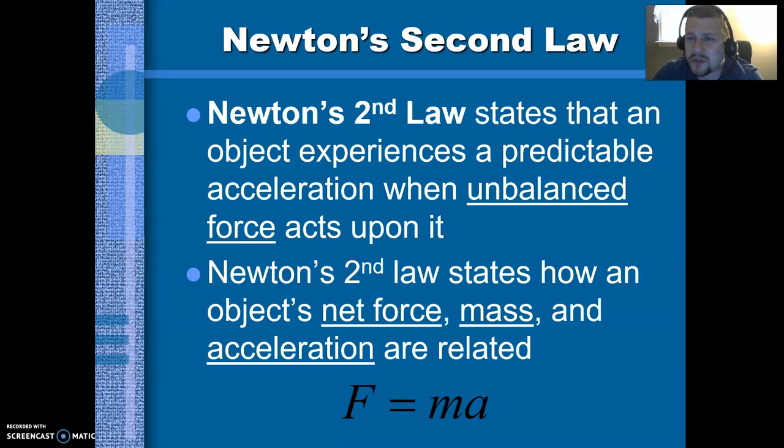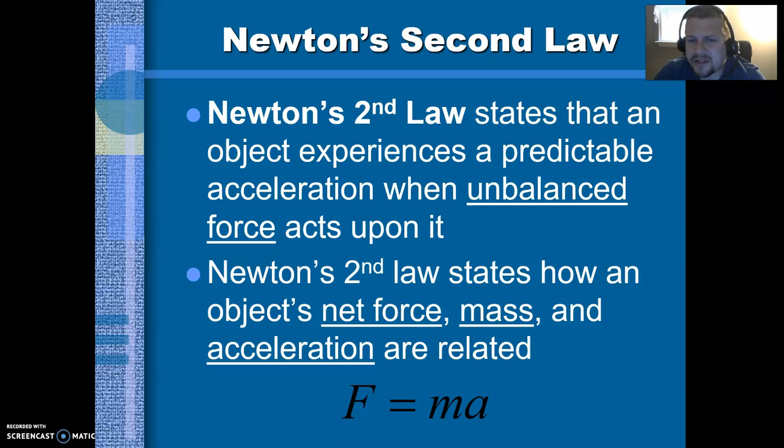Now, Newton's second law is pretty much the other half of the first law. The first law is all about things that are in equilibrium, or balanced forces. The second law is all about when objects are experiencing an unbalanced force. When objects experience an unbalanced force, they will experience a predictable acceleration. And we can predict that acceleration using Newton's second law equation, F = ma, where F is our net force, that's how much unbalanced force there is, and we have mass times acceleration.